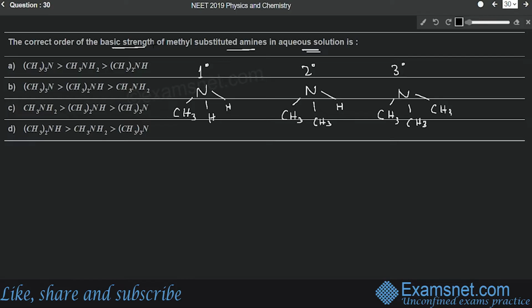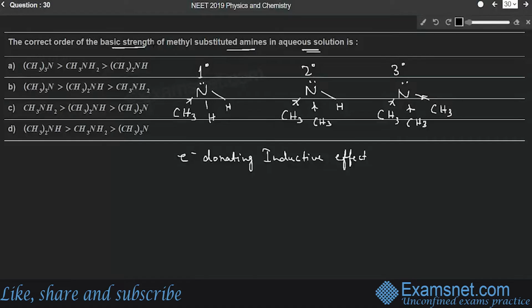Now we know that methyl groups exhibit electron donating inductive effect. So in the first case only one methyl group will be donating electron towards nitrogen. In the second case 2 methyl groups will be donating electron, and in the last one 3 methyl groups will be donating electron.